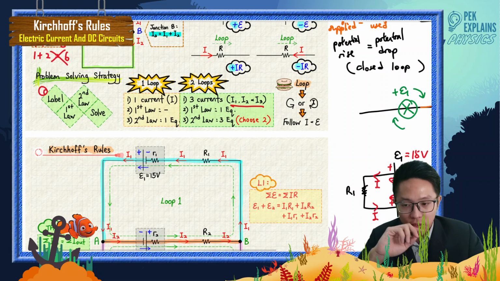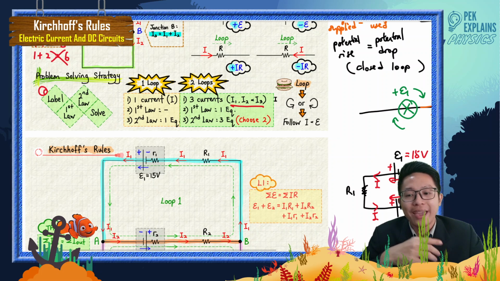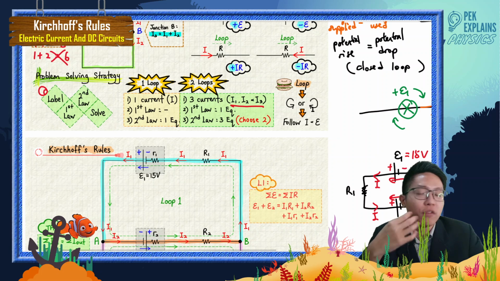Now, a loop has two directions for you to choose. Either you go anti-clockwise or you go clockwise. Both are accepted. If you choose either direction, clockwise or anti-clockwise, it is not wrong. You still get back the same equation, just with opposite sign.